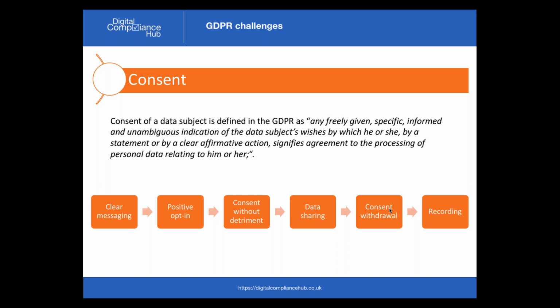You should be making statements about who you are and what you're going to do with the data, but also who you might be sharing that data with, which a lot of businesses tend to say they don't share data with anybody unless there's a lawful reason to do so. But if you've got a plan that you're going to use a third party to do some marketing for you, then you need to be clear that this data may be used for marketing using a third party and how that data will be managed.